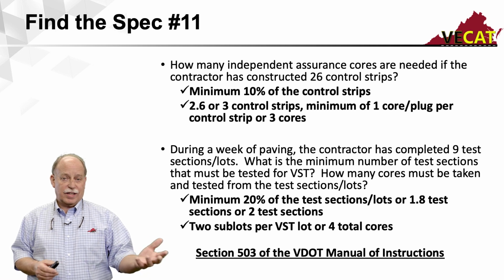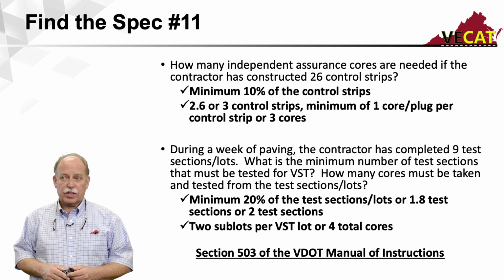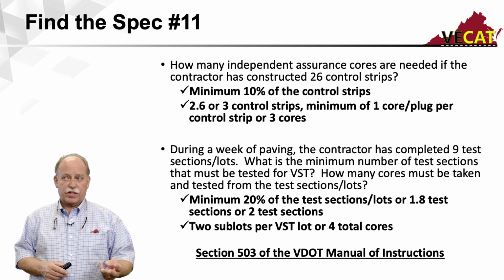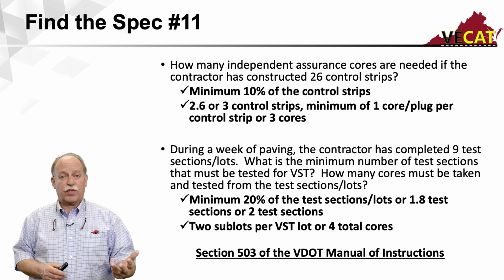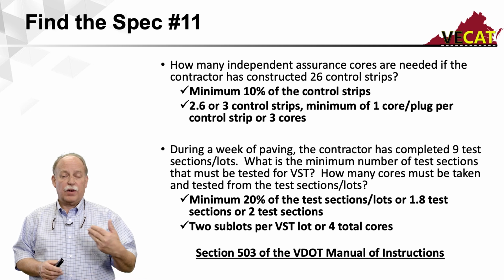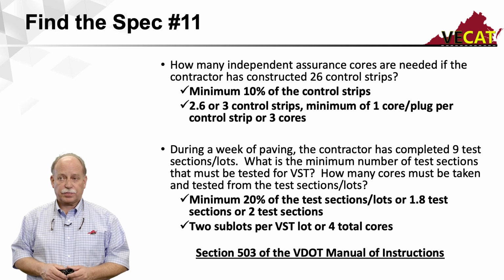So if you take 10% of that, you get 2.6. We always round up in this case, so you need 3 control strips tested with a minimum of 1 core per control strip, so you have to have 3 cores. So we had 26 control strips. We needed to test 10% of that, so we wind up with 3 separate cores for independent assurance.